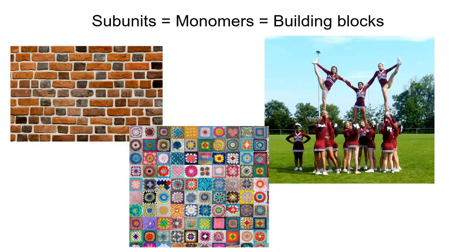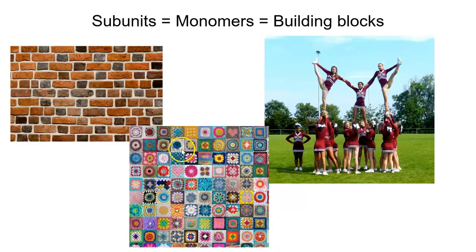Now, one important aspect of the macromolecules is what they are made up of. We talk about monomers, and the building blocks of a larger molecule are very important because that will change the properties of that macromolecule, right? The monomers of a brick wall are individual bricks. These characteristics are different from the monomers of this Afghan, right?